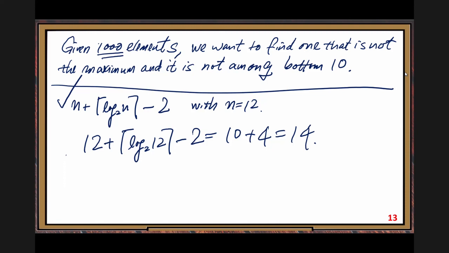If you plug in 1,000, that is too many, because here we want to find the best answer. This 14 is the best answer. Because with 1,000 you use too many comparisons. That would be the worst case.